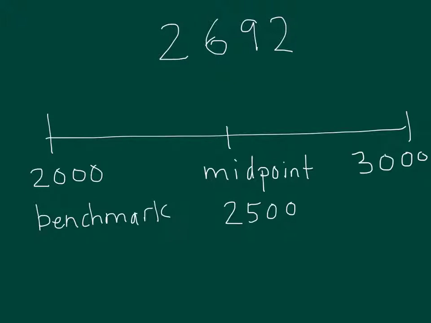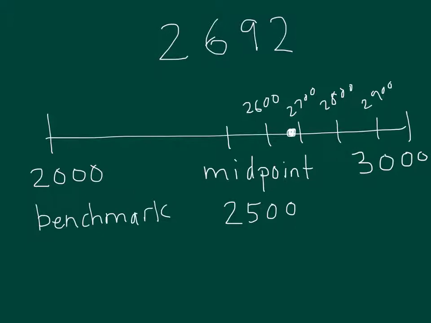There we go. Now, 2,692. So if we go by, let's see, so that's 2,500. This will be 2,600, 2,700, 2,900. So we know 2,692 will fall somewhere around here.